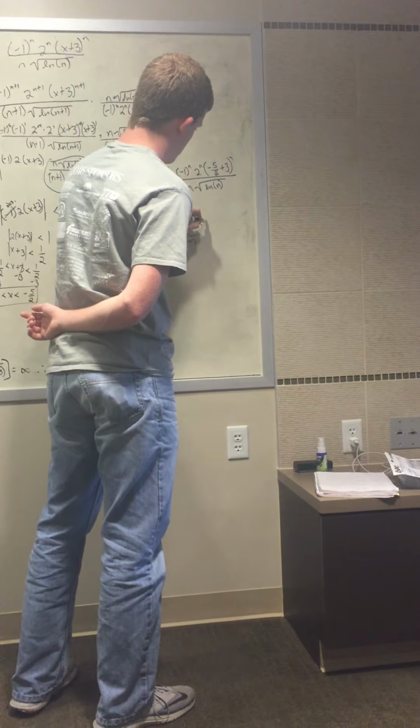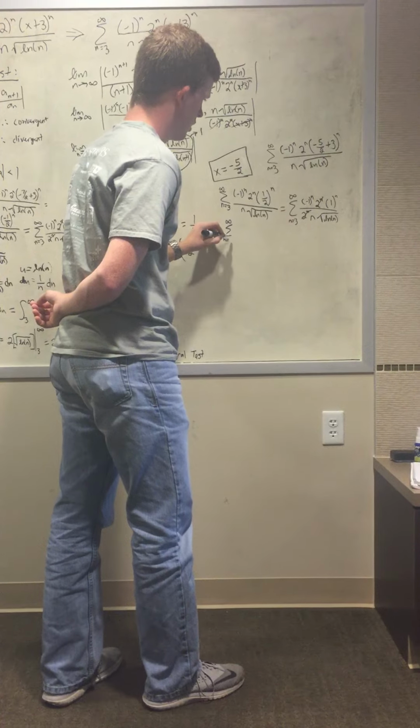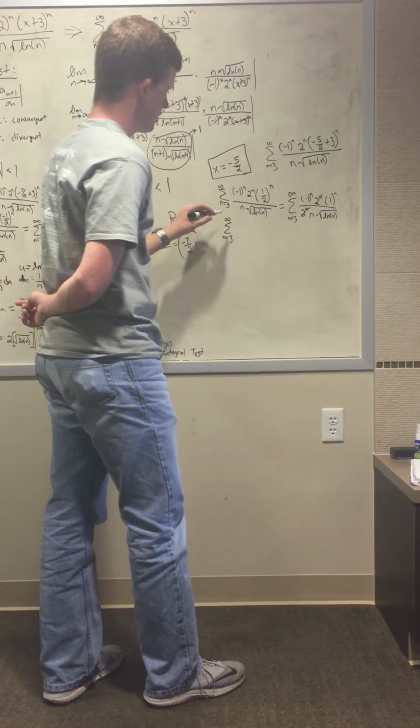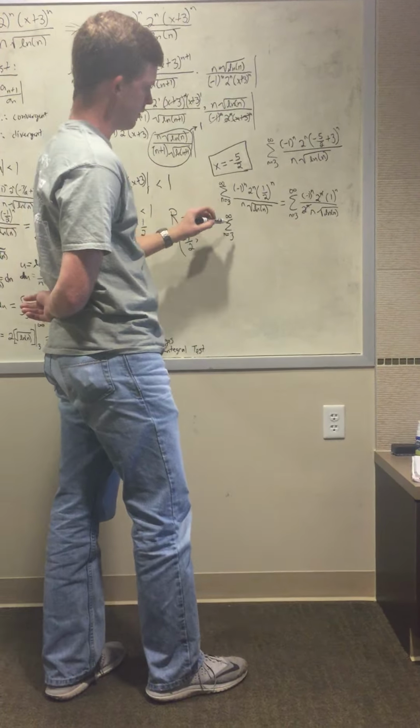We'll be left with the series as n equals 3 to infinity of (-1)^n over n square root natural log of n.